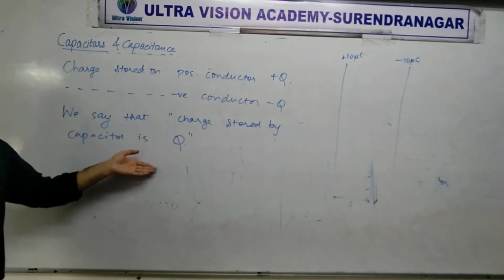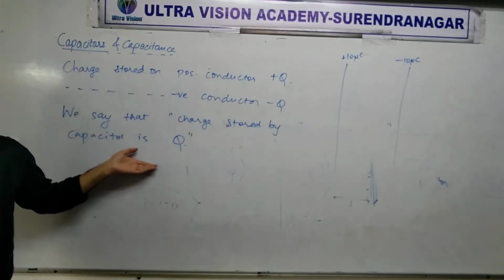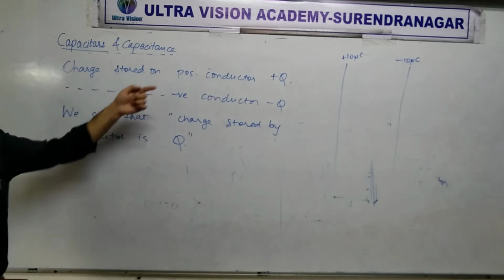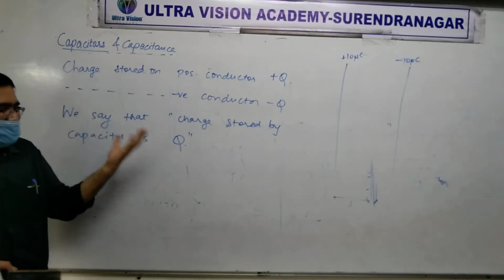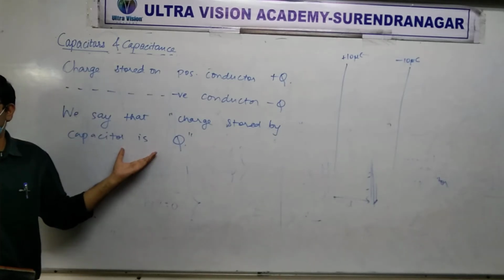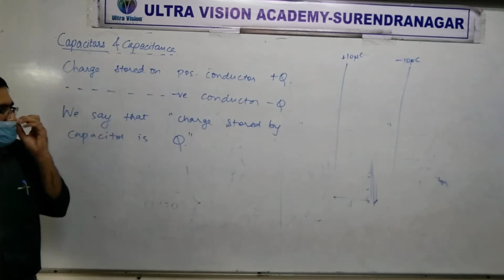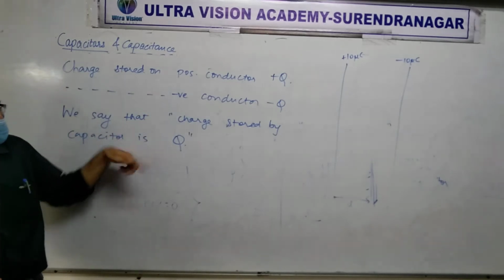This is a definition. You don't have to use your brain here. If one stores plus Q, the other stores minus Q, then we say that the charge stored by the capacitor is Q. Whenever you read this kind of sentence, you understand that it's like this.